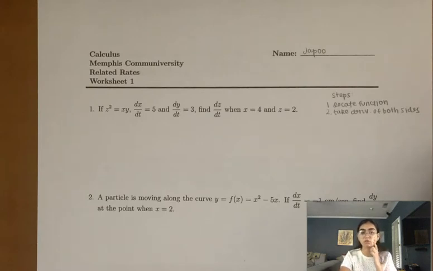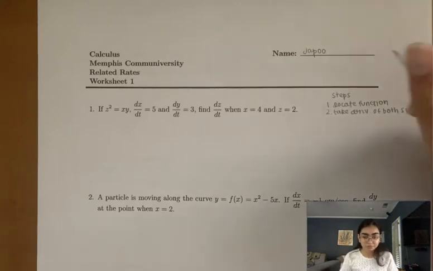So this will make a lot more sense when we start the problems, but just know that every single variable in your function, when you take the derivative of that function, you have to include the derivative. It'll make more sense when we start the problems.